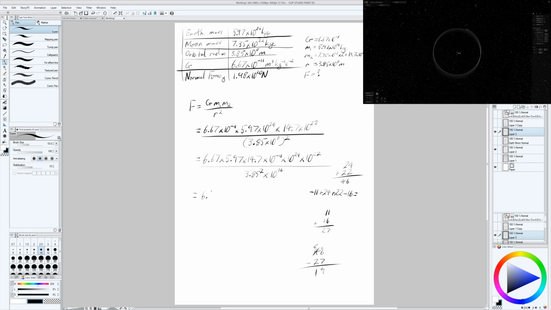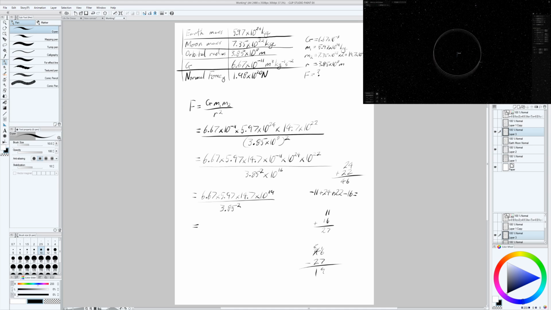So we have 6.67 times 5.97 times 14.7 times 10 to the power of 19, all divided by 3.85 squared. Now at this point, you're probably best off throwing the numbers into your calculator.